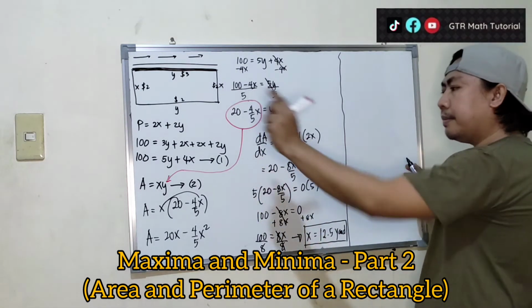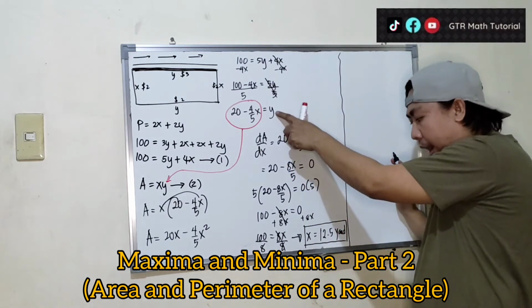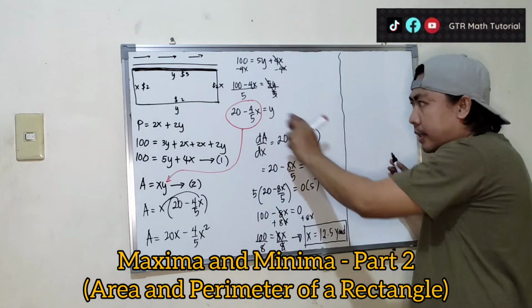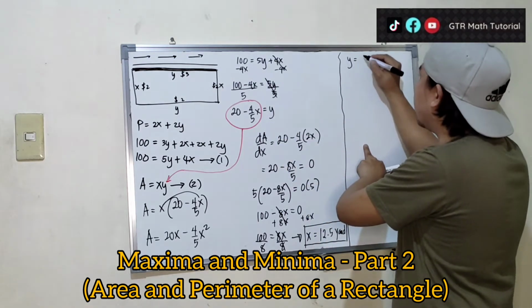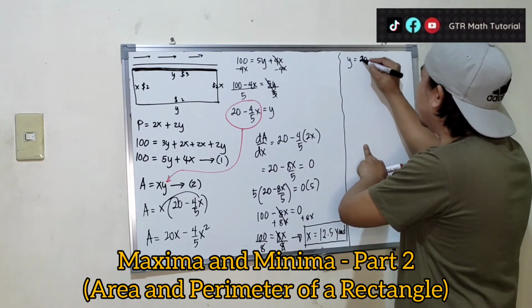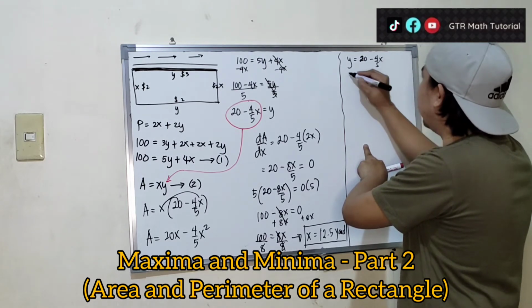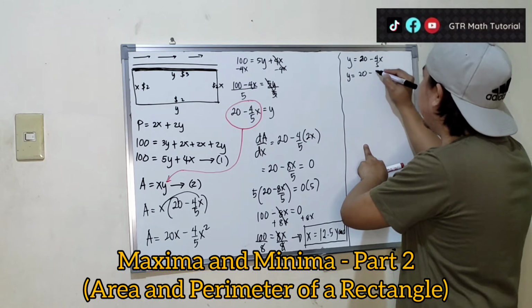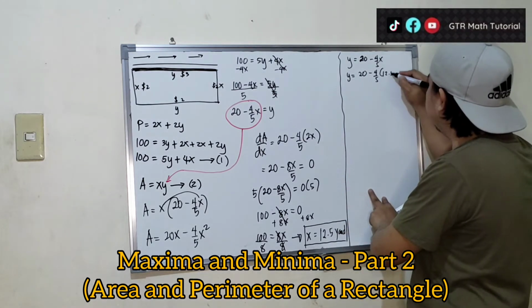Then solve for y. So this is the equation. Substitute 12.5 to get the value of y. Therefore, we have y equals 20 minus 4/5 x. So y equals 20 minus 4 over 5 times 12.5.